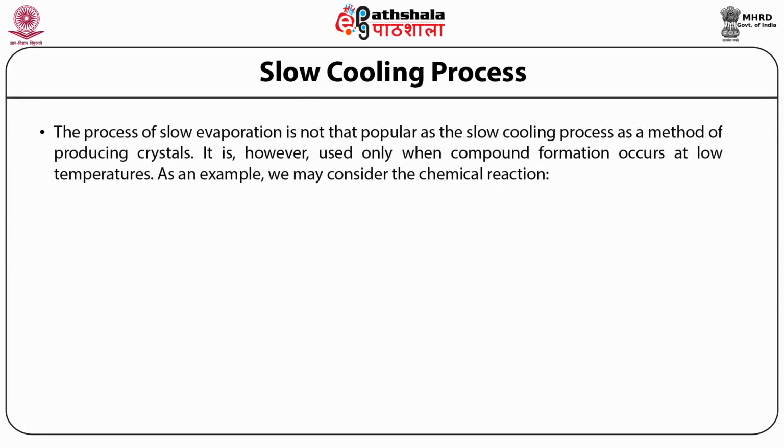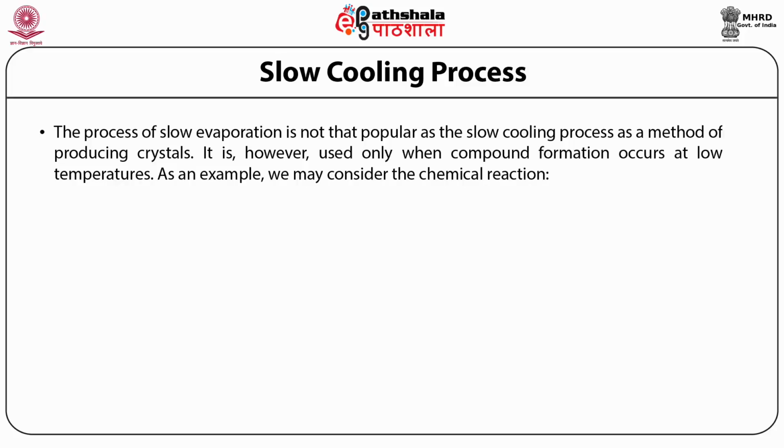The process of slow evaporation is not as popular as the slow cooling process as a method of producing crystals. It is, however, used only when compound formation occurs at low temperatures.